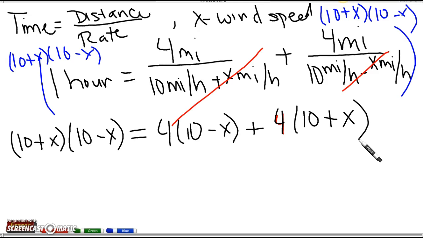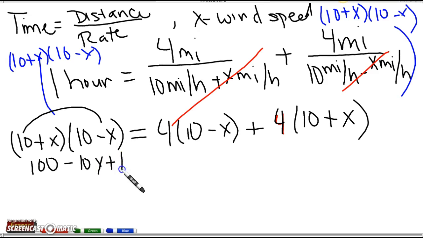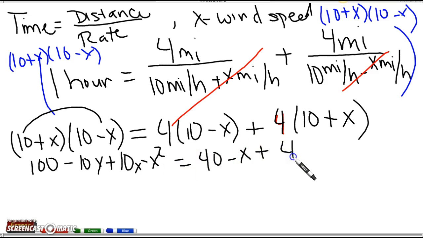So now I multiply it all out. I get 100 minus 10x plus 10x minus x squared. But we should also see that this is a difference of squares. And so I get 40 minus 4x plus 40 plus 4x.